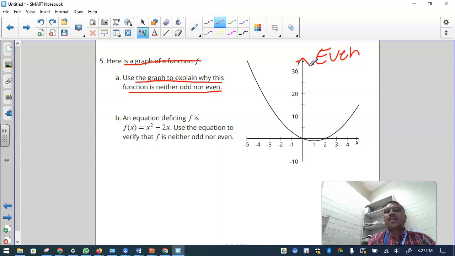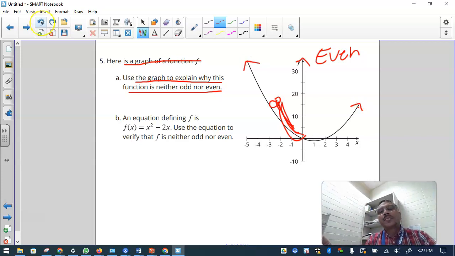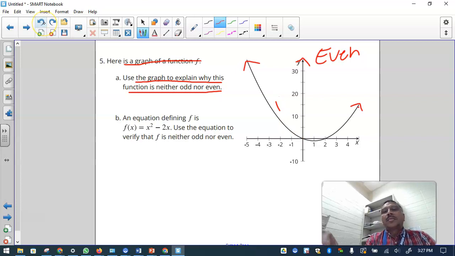So if I reflect this graph, this point will be somewhere here, this point will be somewhere here, and it goes something like this. You don't get the same graph, so it is not even.